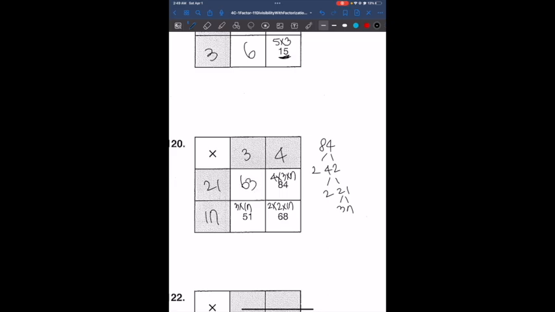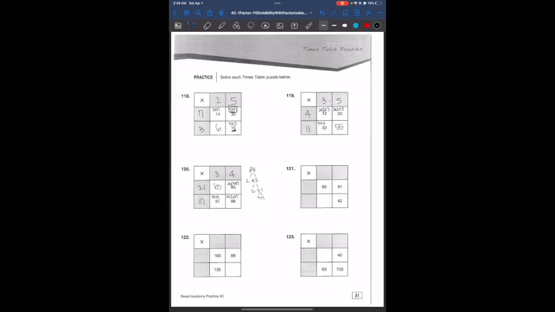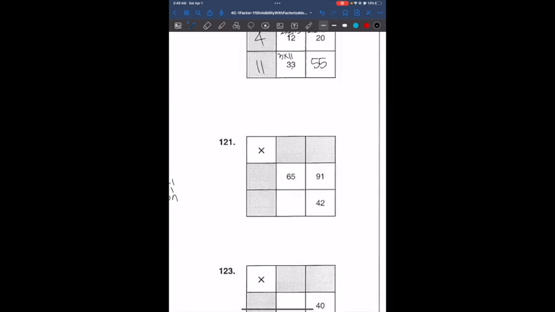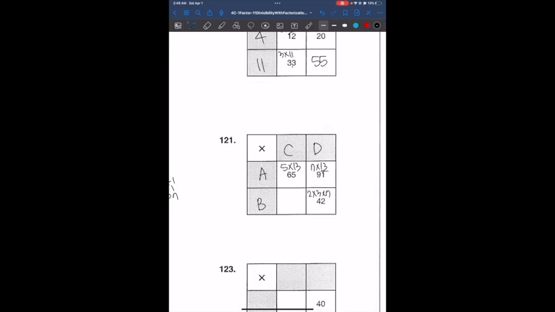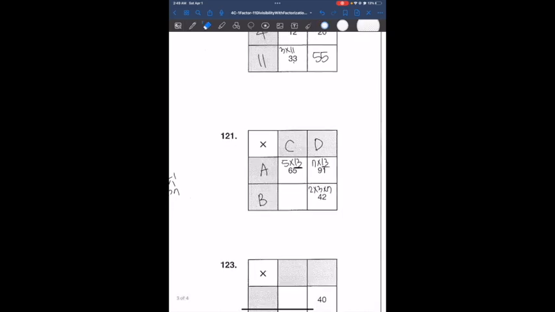And then for problem 121, we're going to write out A, B, C, D. 65 can be expressed as 5 times 13. 91 is 7 times 13. And 42 is 2 times 3 times 7. Since 13 is involved with both, we know that A is going to be 13.